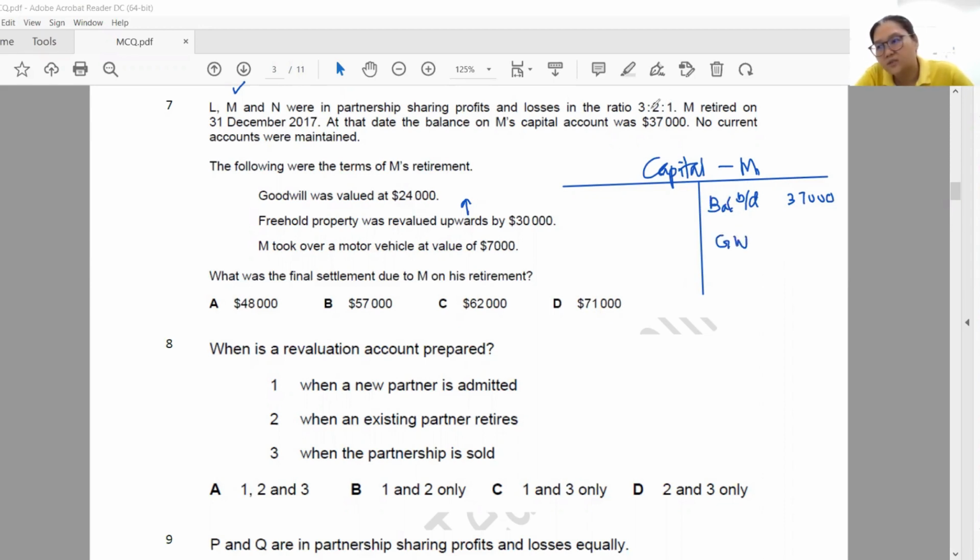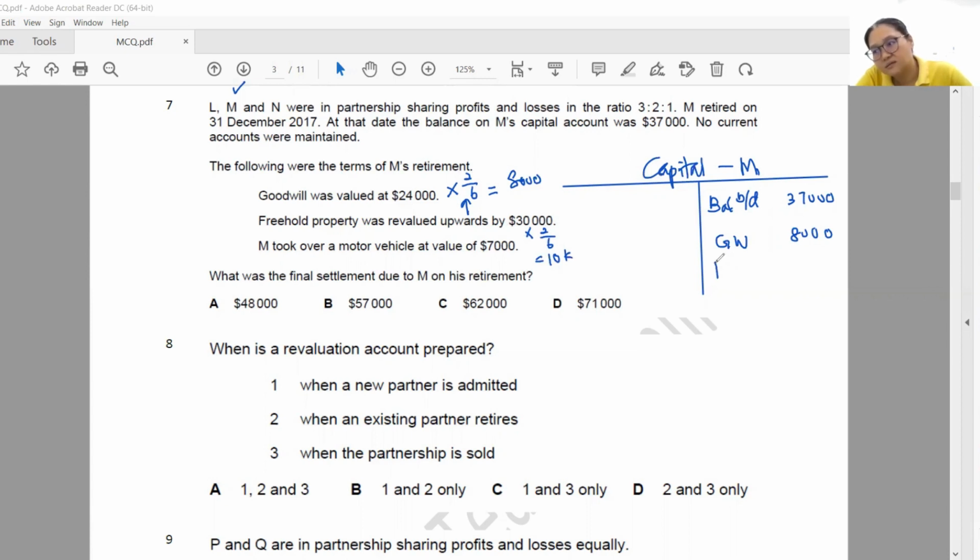Because M is the 2, we take 2 over 6, which gives 8,000. So this 8,000 belongs to M. Revaluation upward 30,000. Take this times 2 over 6, which is 10,000.